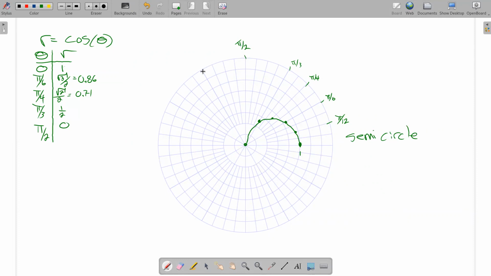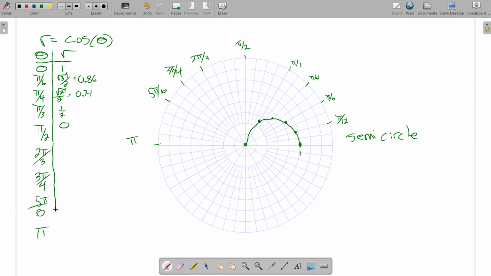So next regular angle, next special angle would be over here. That would be 2 pi over 3. And then here, 3 pi over 4. And then here, 5 pi over 6. And then back here at pi. So let's look at those: 2 pi over 3, 3 pi over 4, 5 pi over 6, and pi.